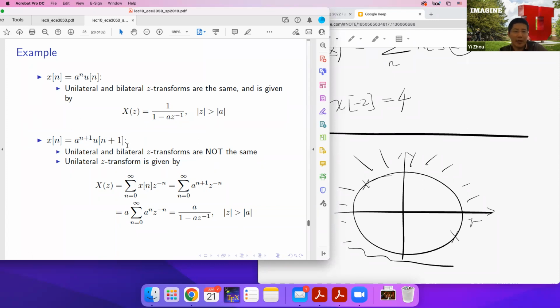And we have seen this type of trick in the Laplace transform. So the way to calculate the Z transform of this one is, first of all, by the definition of a unilateral Z transform, this is the original definition, where the summation starts from 0.